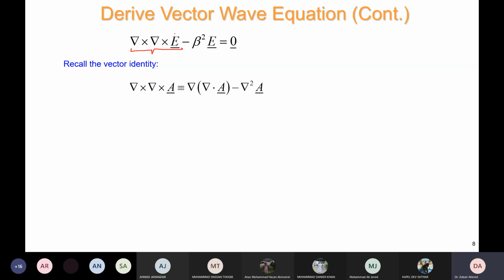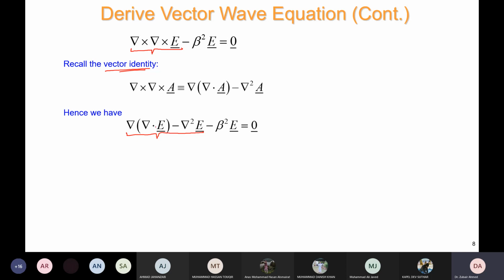The vector identity says that the curl of curl of a vector field is equal to the gradient of the divergence of that vector field minus the Laplacian of that vector field. So I will replace this curl of curl of E with gradient of divergence of E minus Laplacian of E. I am using this vector identity.